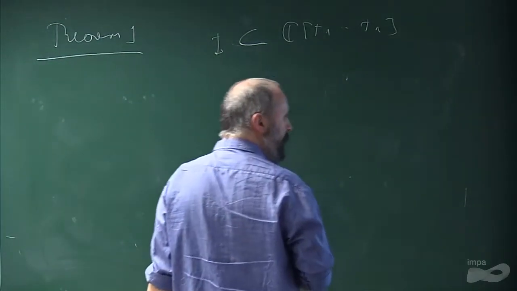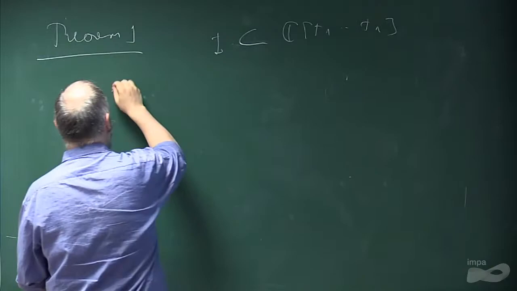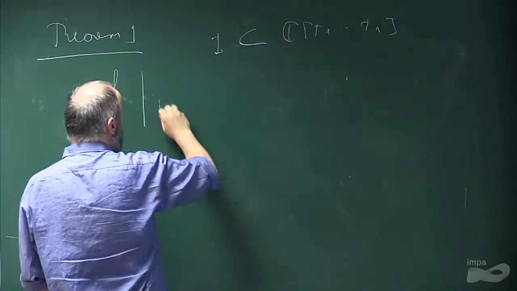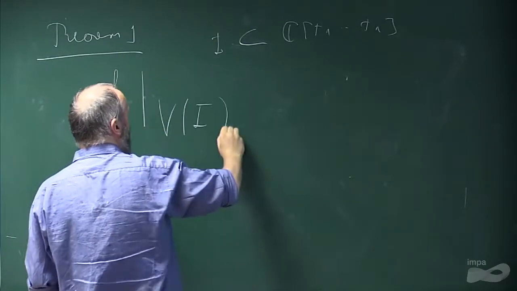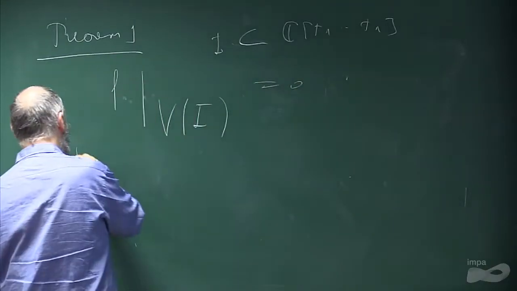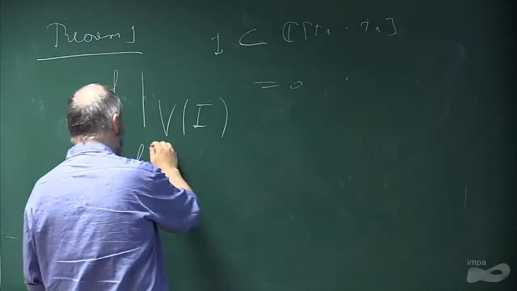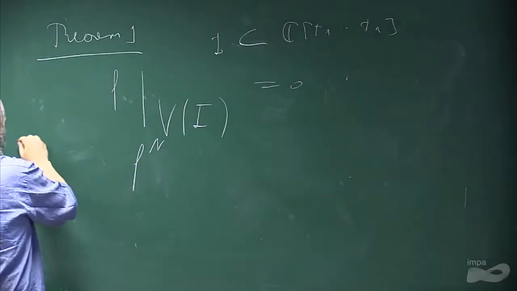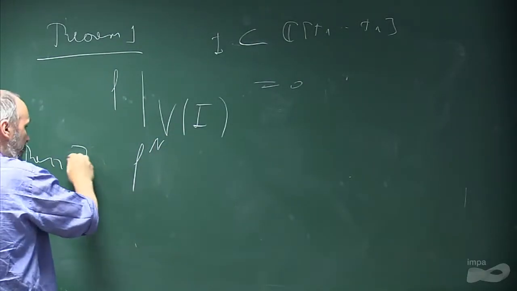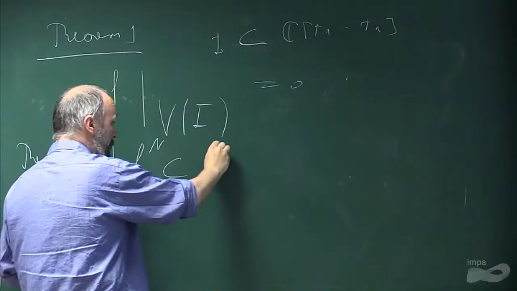And you have a function which vanishes on its zero set. F restricted to the zero set of I is equal to 0. Then there exists n such that a certain power of f belongs to this ideal.